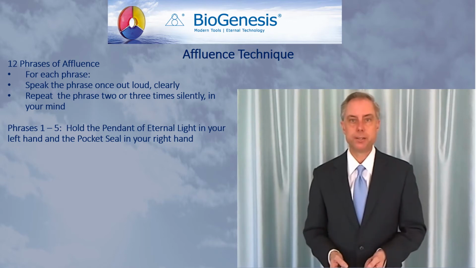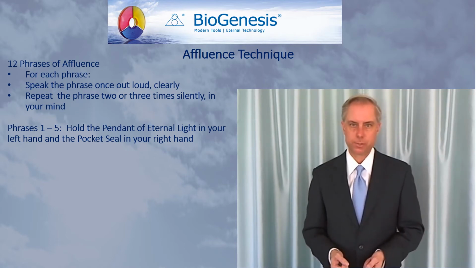After you've repeated this phrase 2 or 3 times silently within your own mind, then you move to the 3rd phrase. And you will again state this phrase clearly out loud. Totality emerges from selection. Let some time pass with your eyes closed.